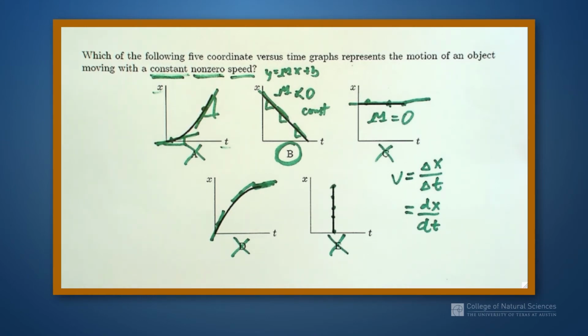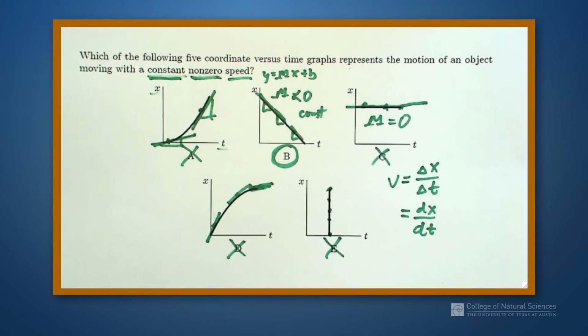It's an infinite velocity in order for you to be able to hit all these things, which is a complete violation of physics. So looking at this, we're looking for a position versus time graph that had a straight line that was not horizontal or vertical.